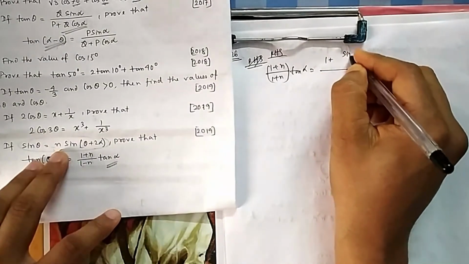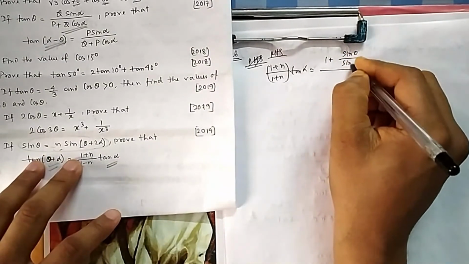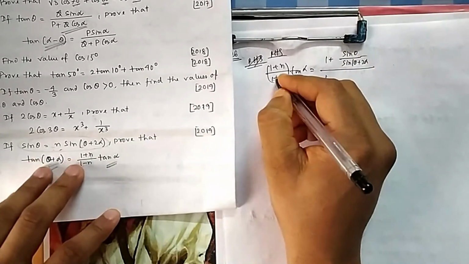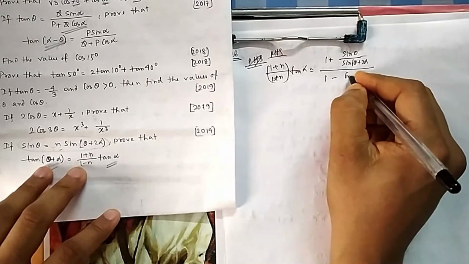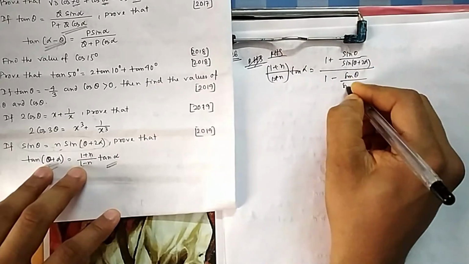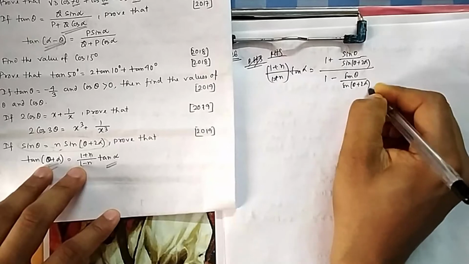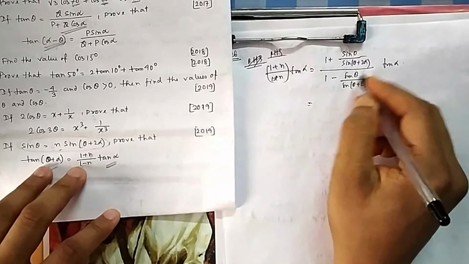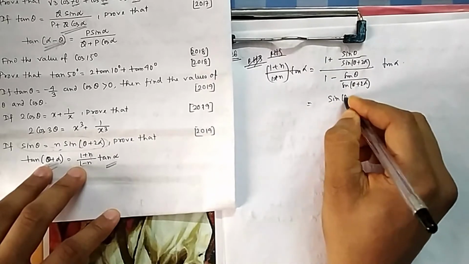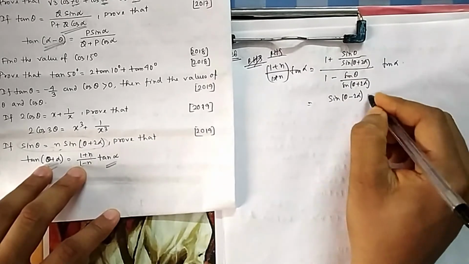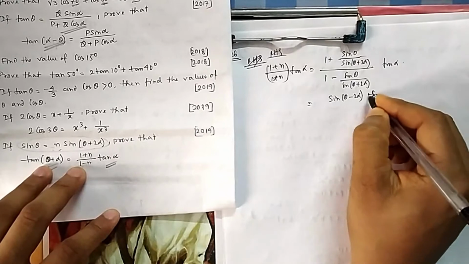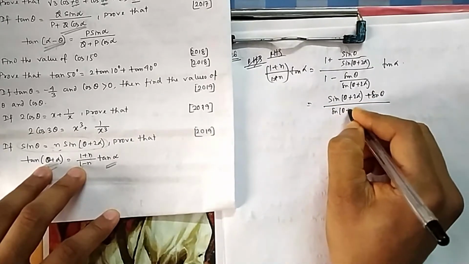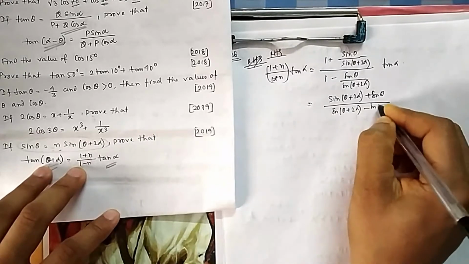It is 1 minus sin theta by sin theta plus 2 alpha, and tan alpha side by side. If you do this, the LCM will get cancelled, so in the denominator will be sin theta plus sin theta minus alpha, and here it will be sin theta plus 2 alpha minus sin theta.